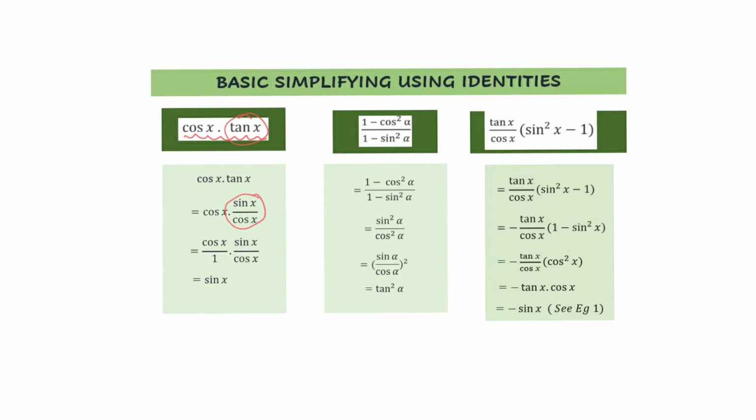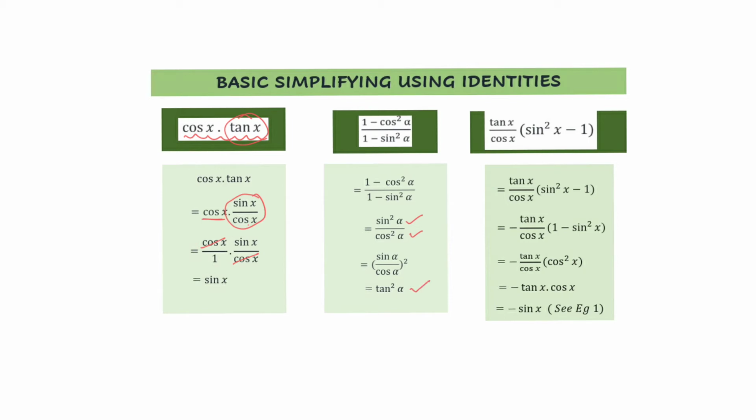Just watch out, this is a fraction and the cos x is not a fraction, so put it over 1, cancel your cos x and you get sin x. Okay, the middle one. What is 1 minus cos square x? It's sine square x. What's 1 minus sine square x? It's cos square x. And what do you know about sine square alpha divided by cos square alpha? It gives you tan square alpha.